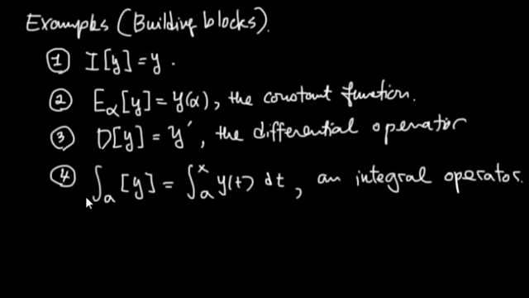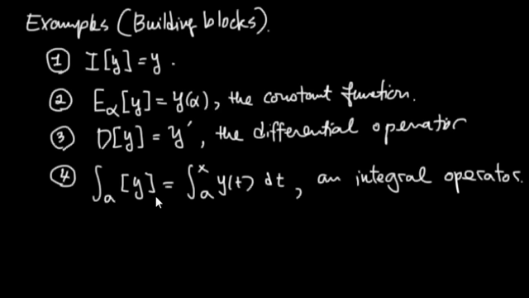The last of these basic operators we introduce here is the integral operator. Given a function y, we're just going to use this abbreviated notation, the integral symbol a. This is not the usual integral symbol. This is the symbol for it as an operator. Given a function, we're going to consider this area function. I hope you recognize this as a function where our main input is the upper limit of this definite integral.